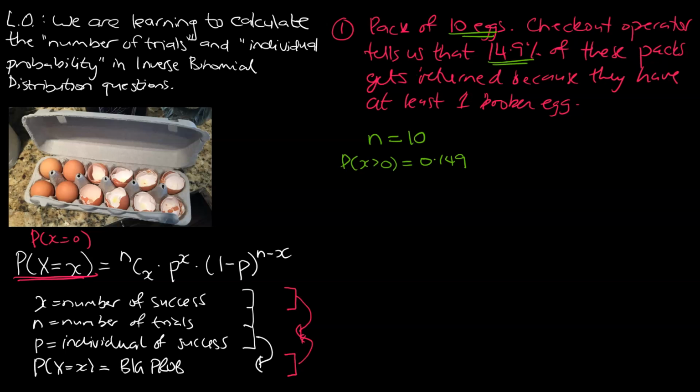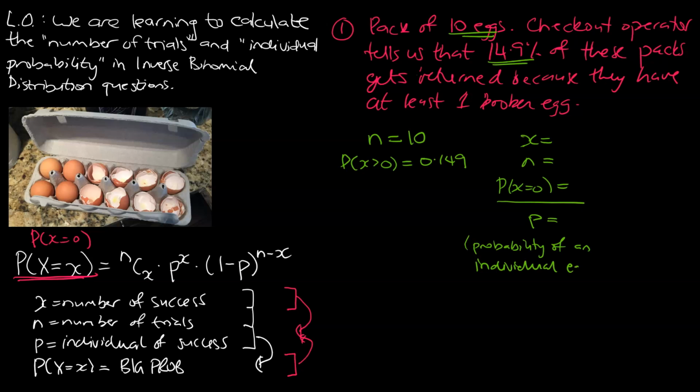And this is actually enough information to inversely figure out the inverse binomial distribution question. So down the bottom, we said we needed an x value, we needed the number of trials, and we needed the probability that x is equal to 0 to then be able to calculate the little probability, or in that case, the probability of an individual egg being broken.